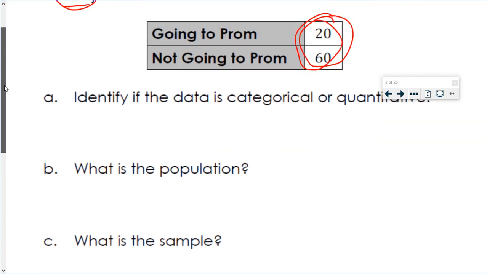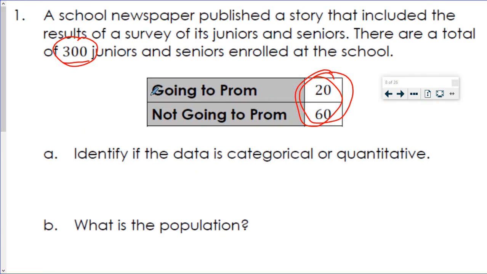Again, what is the thing that puts them into different categories? It's whether they are going to prom or not going to prom. And I would say that we're really interested in the ones that are going to prom. If you're not going to prom, we don't need to worry about how much food to give you. We don't need to worry about making sure there's enough chairs there. This is going to be the one that's the most important here, is the going to prom.